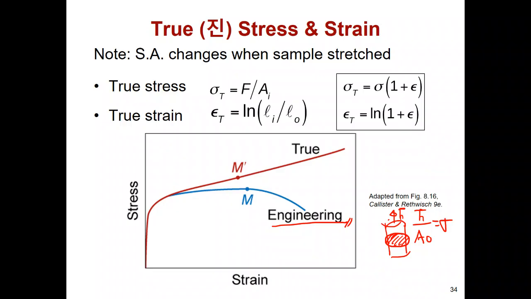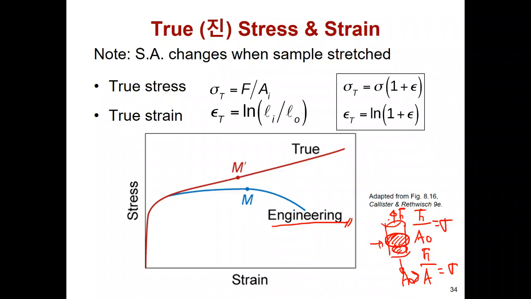But there is one problem: when this solid material is pulled, the cross-section area decreases due to the Poisson effect. So the real stress is defined by the real cross-section area, which is smaller than the initial cross-section area.